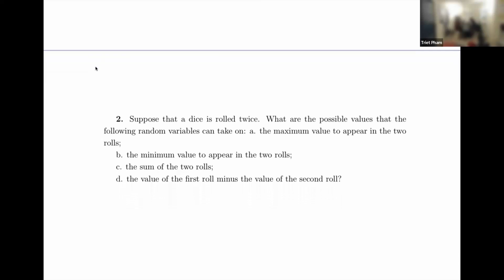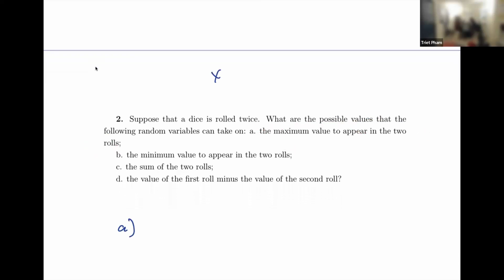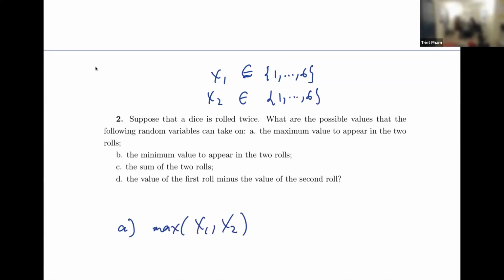So this one should not be that difficult, maybe. So the maximum of x1, x2, taking values from 1 to 6. I'm merely talking about the support. So the first one is max(x1, x2). And this is actually a notation: you take the max of two random variables. So what values can this take?